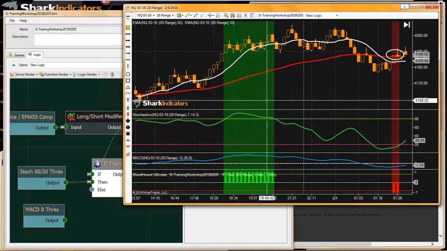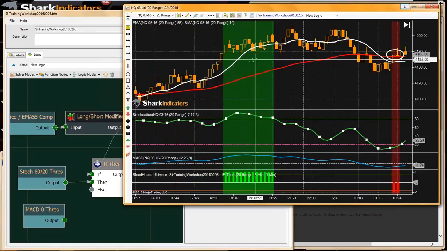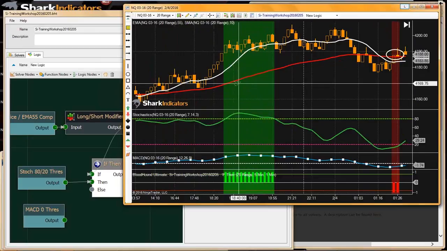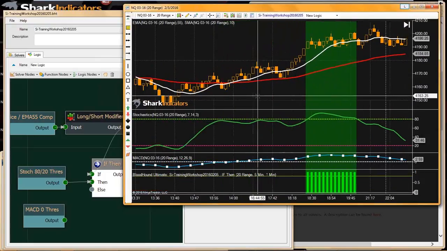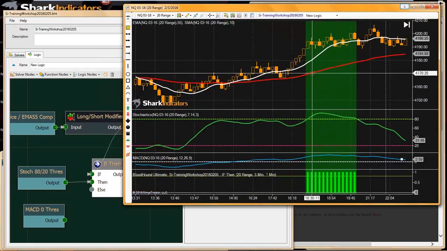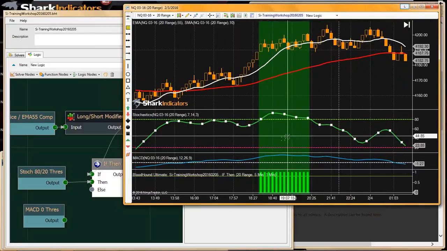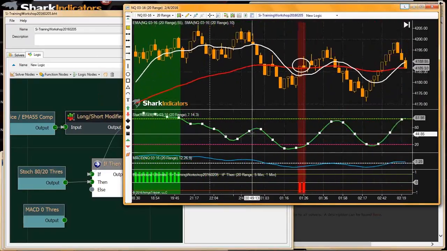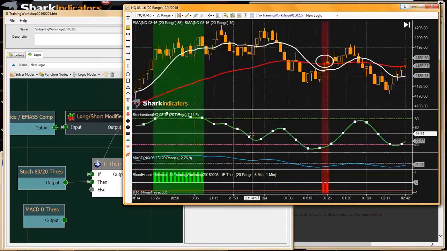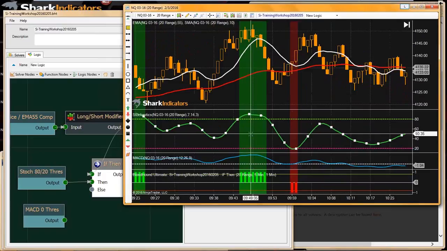But typically, we're always getting buy signals from the stochastic. It's just because all of these indicators are closely synchronized. Whenever price seems to be above our moving average, our stochastic always seems to be in a buy situation here. Let's see if I can find any other short signals. Yeah, here we go.